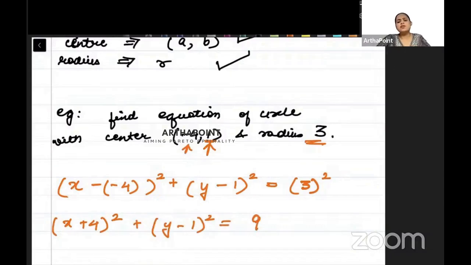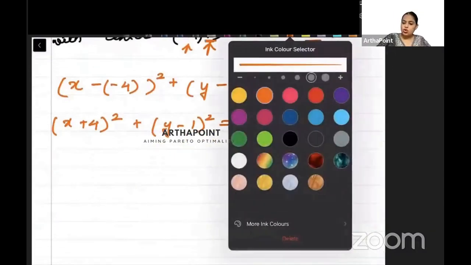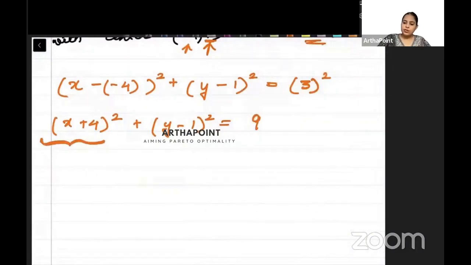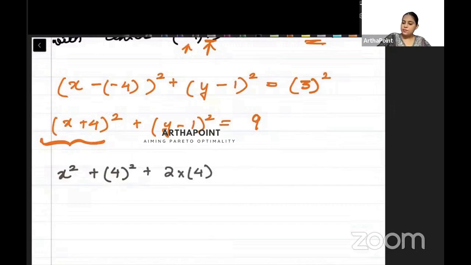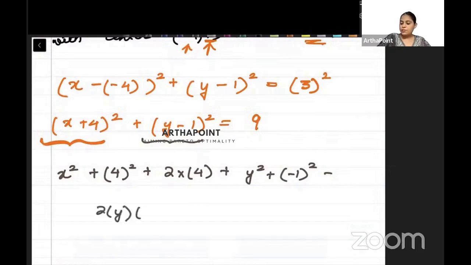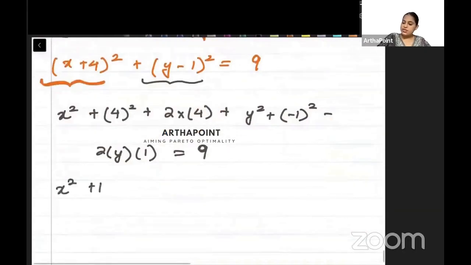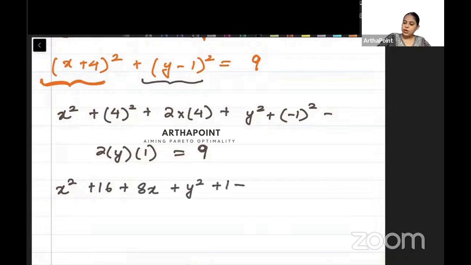You can also expand this equation of the circle further. How? You can use the formula of (a plus b) whole square, which is a square plus b square plus 2ab. Here, (a minus b) whole square is a square plus b square minus 2ab, equal to 9. So this will be x square plus 16 plus 8x plus y square plus 1 minus 2y is equal to 9.